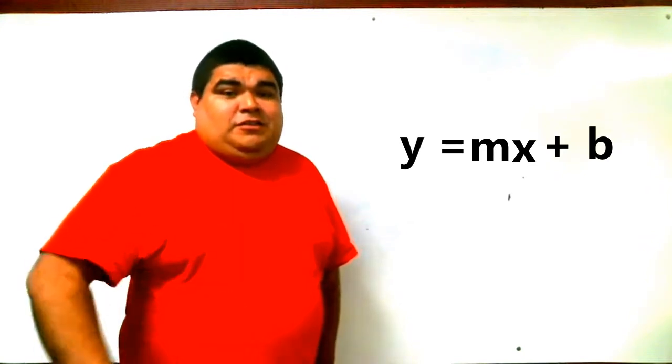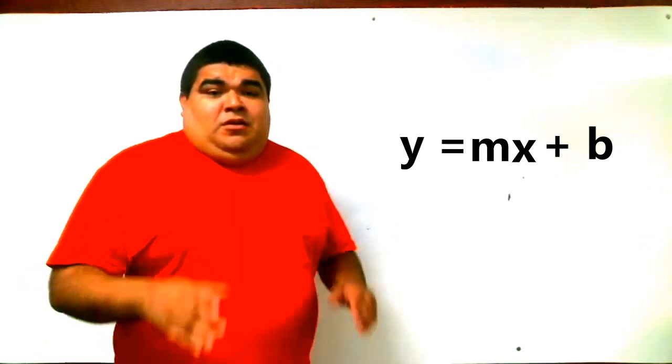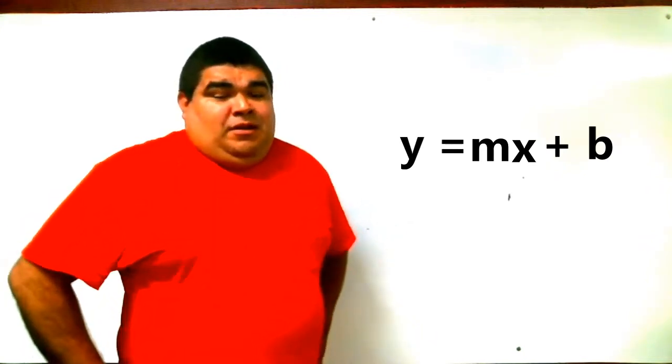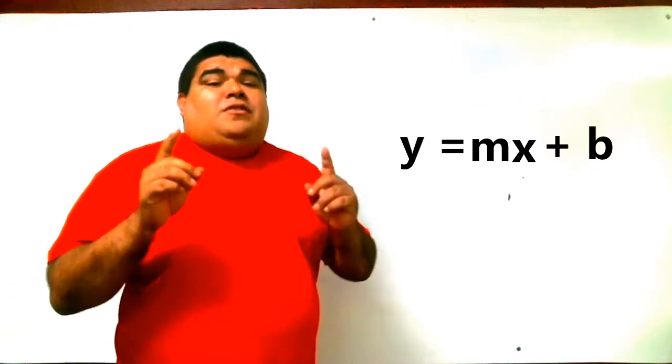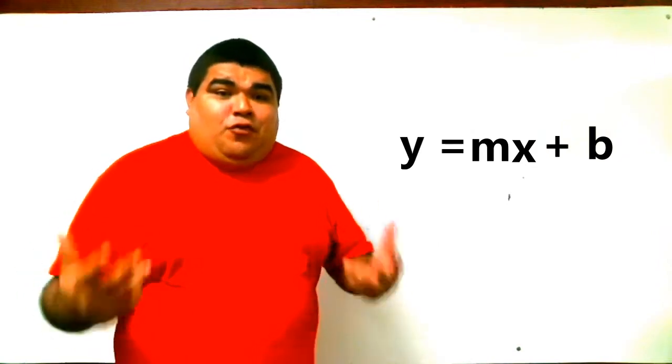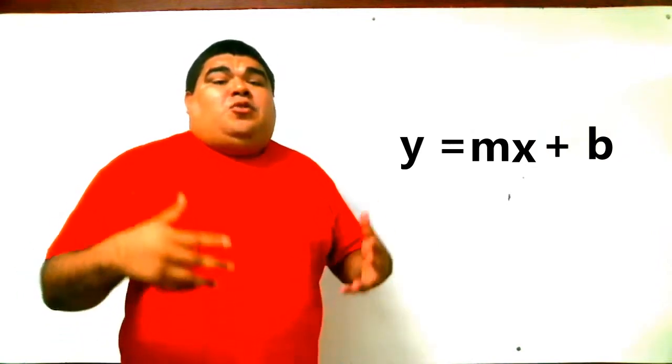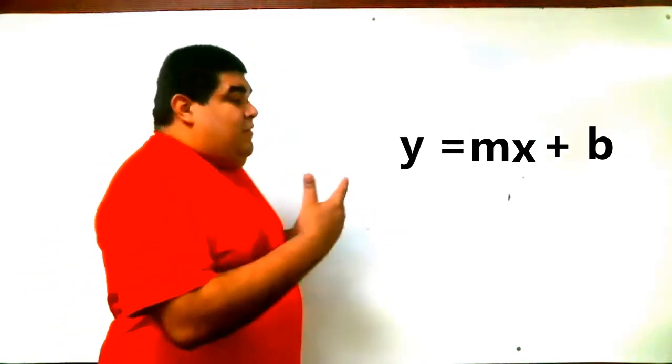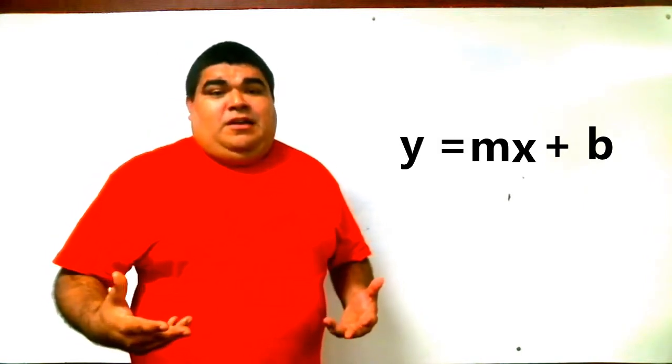Okay, this is the formula, so make sure you write it down. Make sure you get really, really familiar with this formula, because this is the foundation of graphing. Whenever you want to graph, you have to leave it in this state. So let's get started on today's concept.